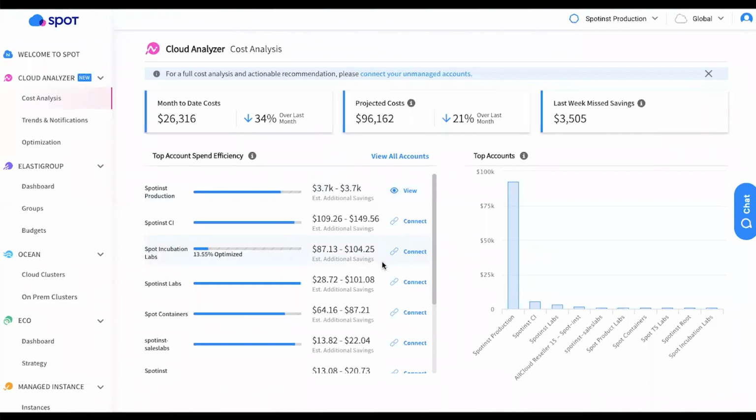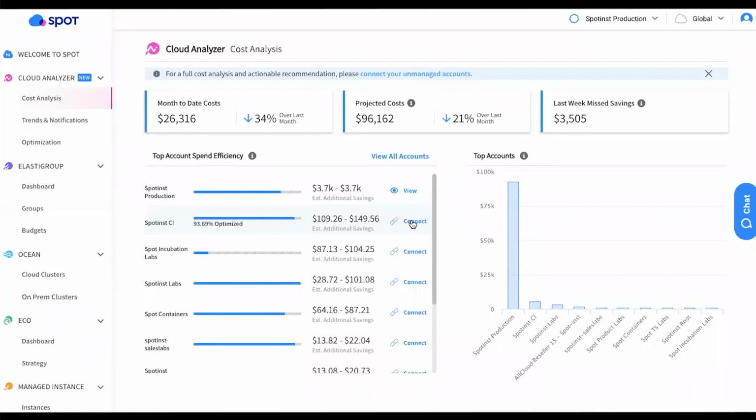Now, as an aside, you'll notice over here that some of the accounts say view, and some of them have this little paperclip that says connect. Essentially, for the Cloud Analyzer, all we really need are the read-only credentials to be able to see your cost and usage reports from Amazon or from other cloud providers. So, once we have that, we're able to give you full visibility, slice and dice your data, as we'll see in a few moments.